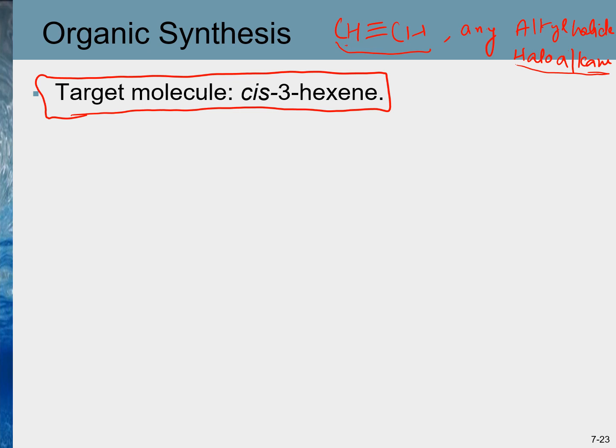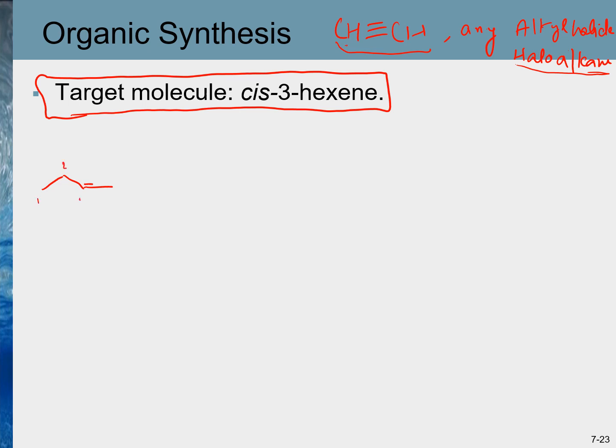First thing we need to do is count how many carbons are needed in our target molecule. So let's draw its structure. cis-3-hexene. That's number 1, number 2, number 3.